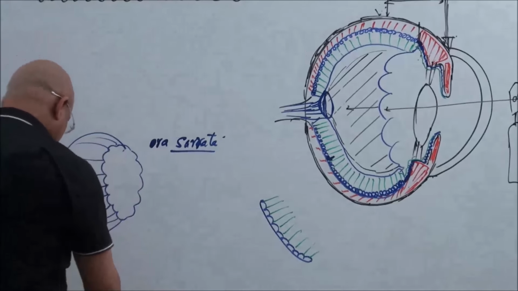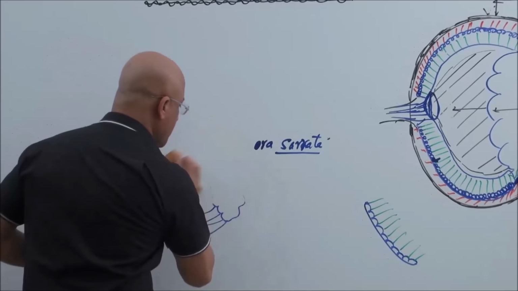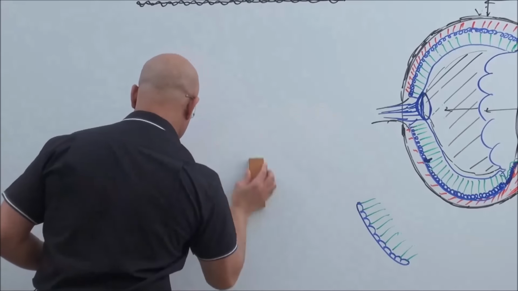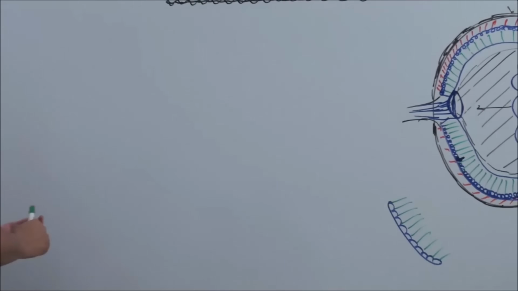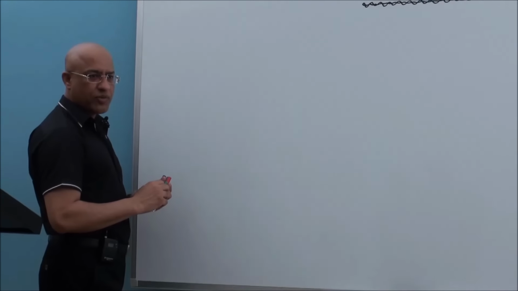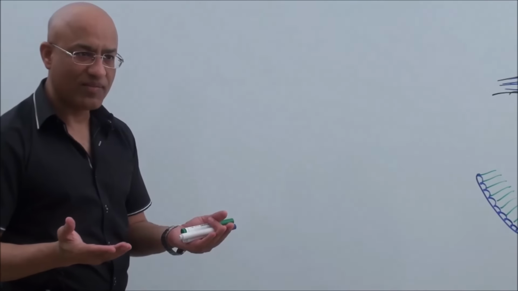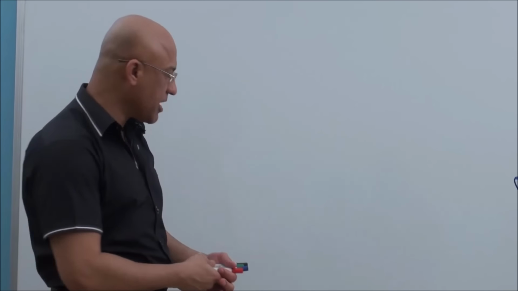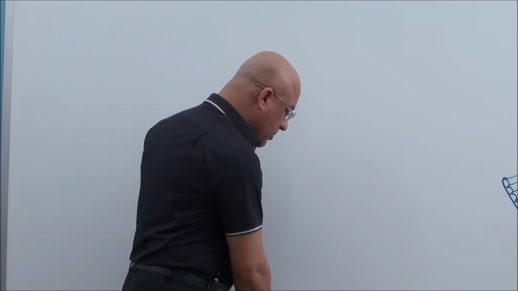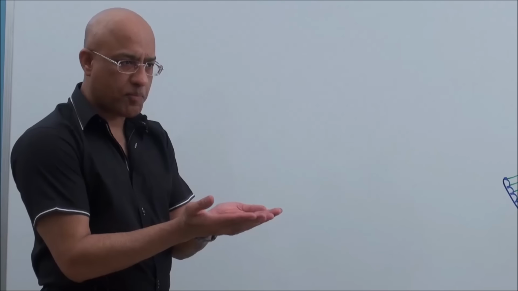Right? Let's talk about the development of the retina, how it develops. As you know, during the development of the central nervous system, first of all there is an ectodermal thickening, which is basically the neural plate.